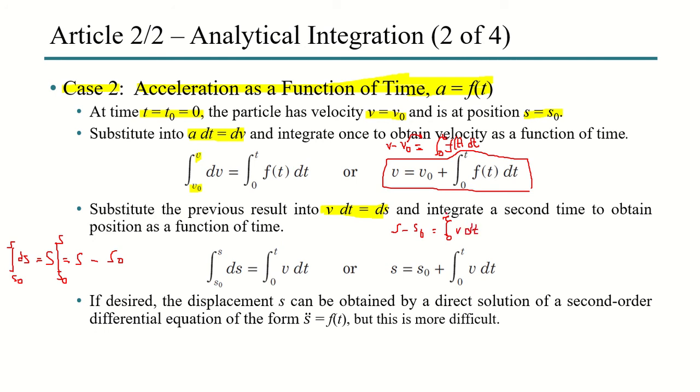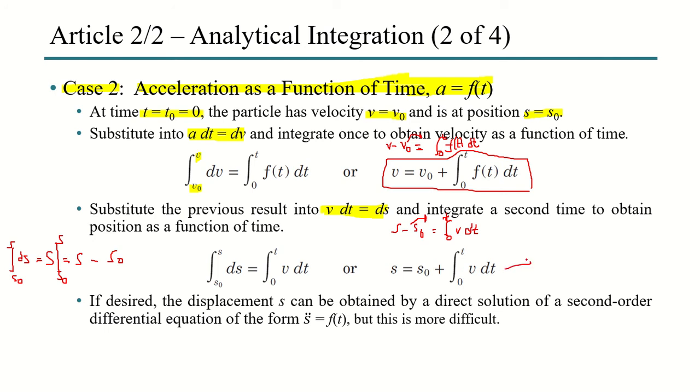Then, transposing this part here, we have s equal to s sub 0 plus this one, then you can substitute the value here. So when you substitute, your v is equal to this one, so what will happen?